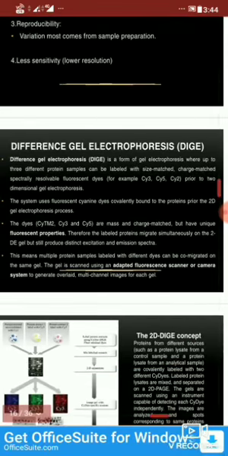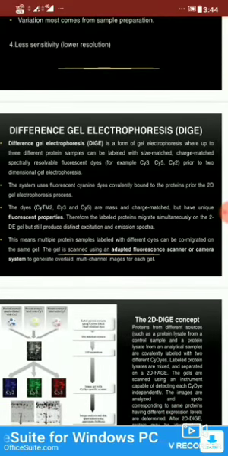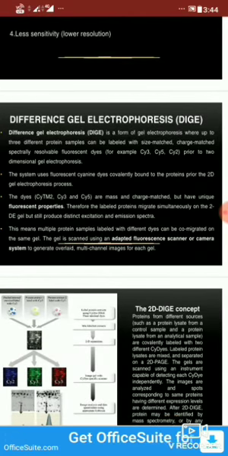The only difference being, here we use 3 different types of fluorescent dyes, for example, Cy3, Cy5 and Cy2. Cy2 is also sometimes written as CyTM2. CyTM2 I have given in the third point.